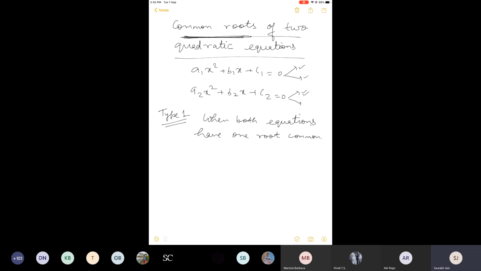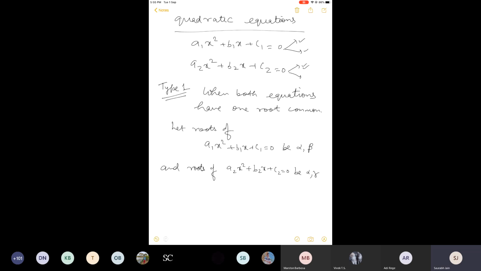Let roots of a1 x square plus b1 x plus c1 equal to 0 be alpha and beta, and roots of a2 x square plus b2 x plus c2 equals 0 be alpha and gamma. I'm assuming that alpha is the common root because that is what the heading says.